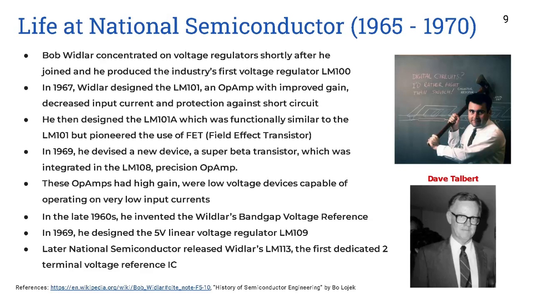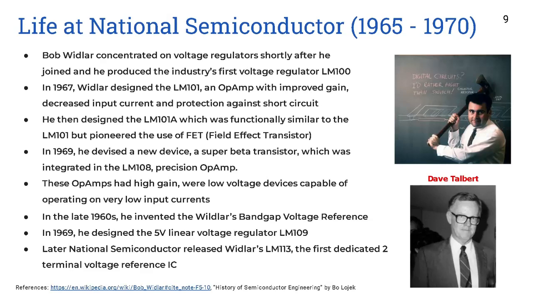And in 1970, Bob Widlar and Dave Talbot resigned from National Semiconductor when National Semiconductor refused to reward them adequately. The 20,000 shares which Widlar had, he sold them, and he got a huge amount of money, and with that money, he took a vacation for around 3 to 4 years in Mexico.